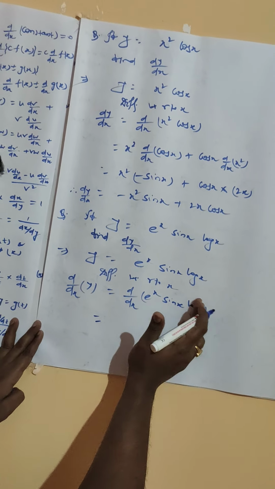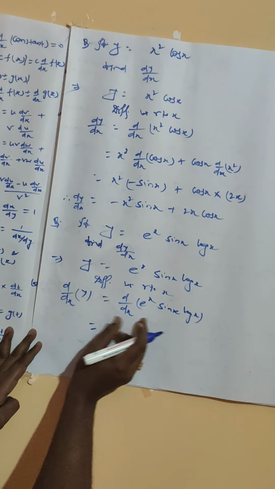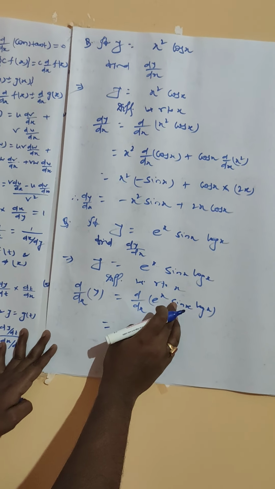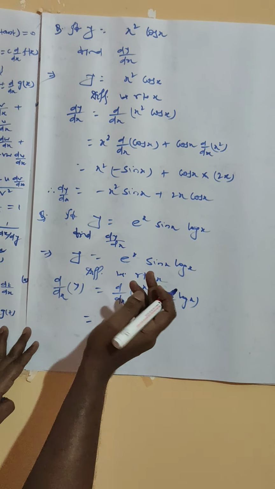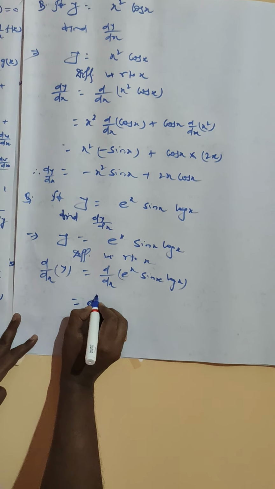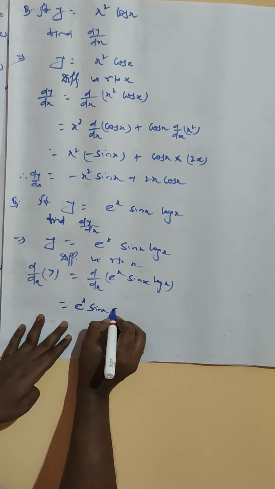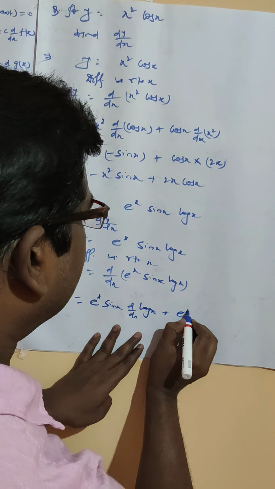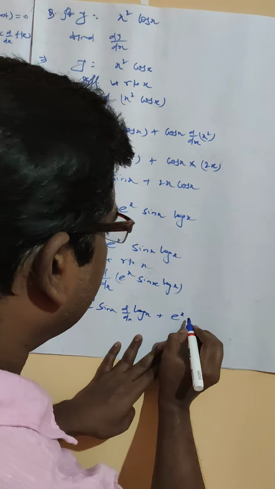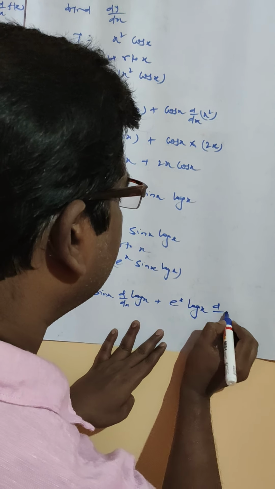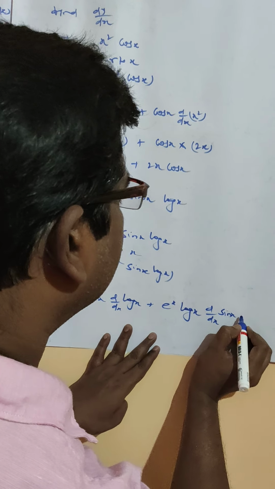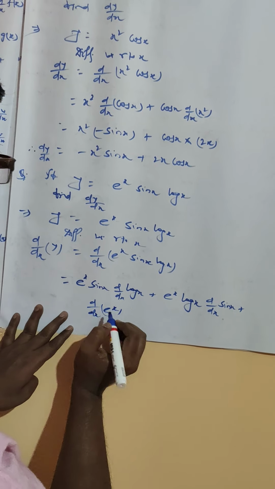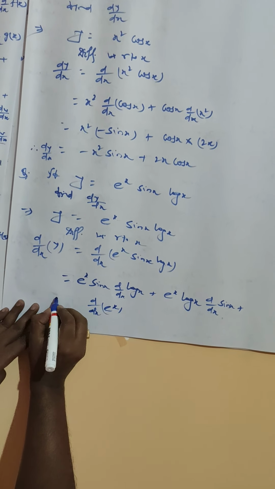I am going to start from last. Two functions as a constant, and differentiate the last function. Again two functions are constant, the second we differentiate. Again two functions are constant, the first we differentiate. So here e raised to x sin x d by dx of log x plus e raised to x log x constant, d by dx of sin x plus d by dx of e to the power x, and here sin x log x is constant.